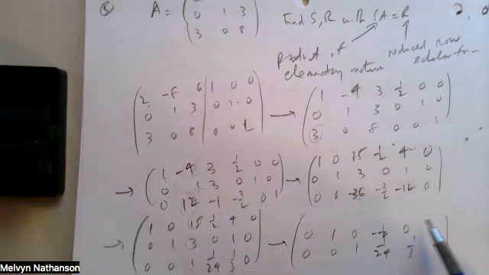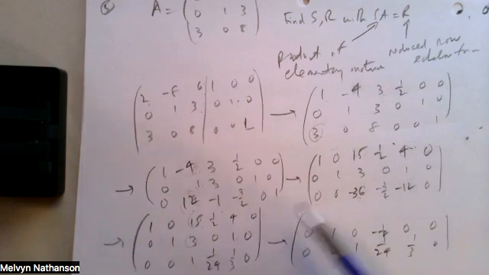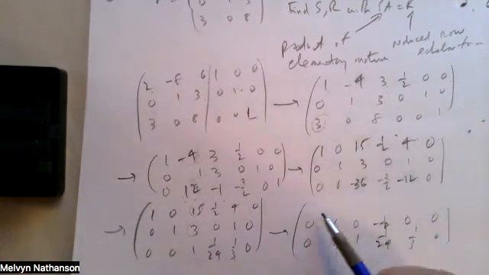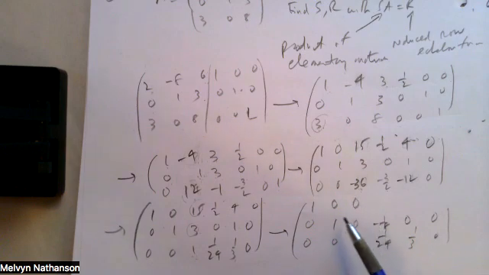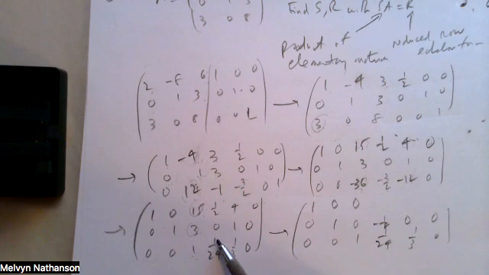1 minus 1, 0. And if I take the first row minus 15 times the third, I get 1 minus 0, 0 minus 0, 15 minus 15. 15 over 24 is 5 over 8.